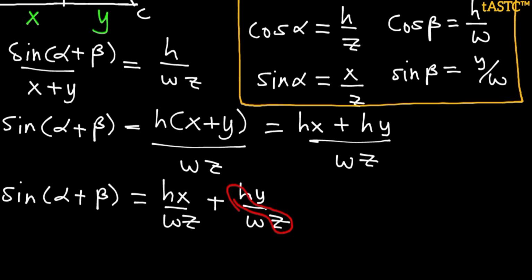We have an X divided by W and Y divided by Z. Now we also have an X divided by Z. So let us take it that way. If we took an H divided by Z, that will give us the cos alpha. But there is no X divided by W from this catalog of trigonometric identities. So what we're going to do is go with the ones that we have.